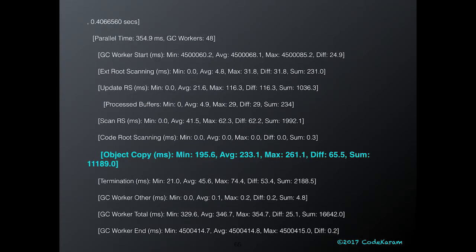Another thing that you have to be careful of is what you're plotting, what you're observing, right? And as a performance person, I always talk about what you are measuring. Measure your worst case, right? So in this particular case, you can get minimum, average, maximum, and of course a difference. So for this particular pause, the difference was 65 milliseconds, all right?